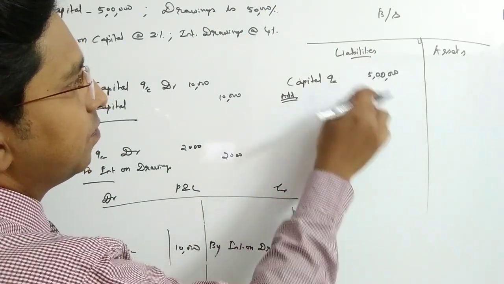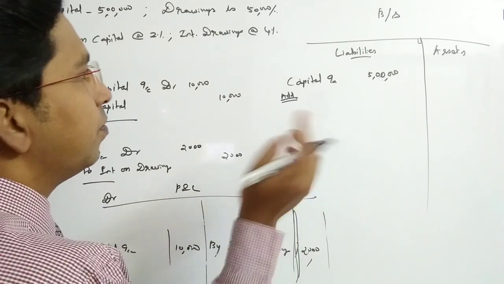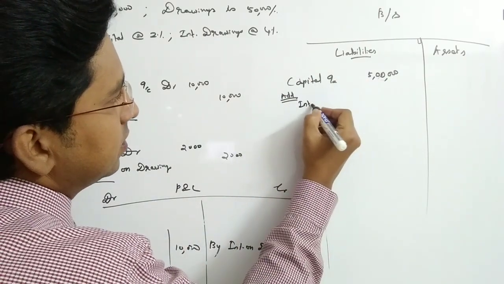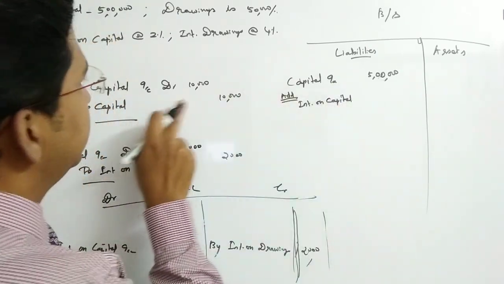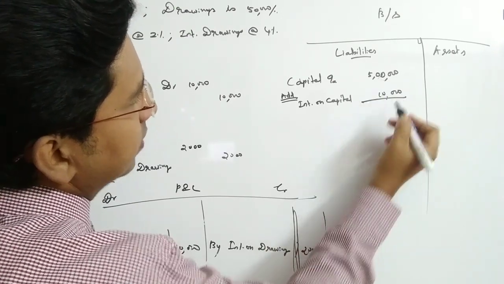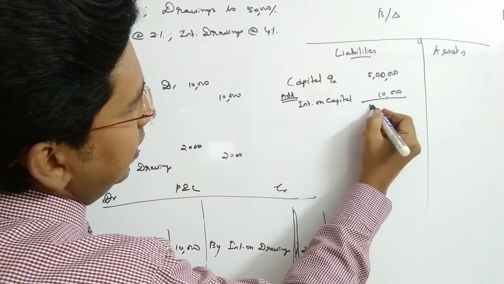We have received some money as capital from the owner, and we are calculating some interest, so obviously that should be added with capital. Interest on capital, how much? 10,000. So add, 5 lakh, 10,000.